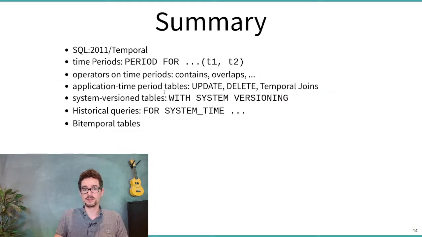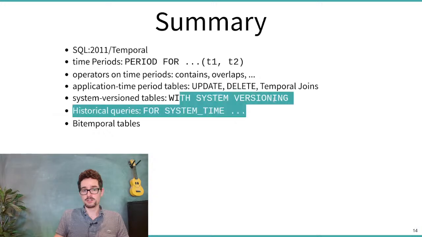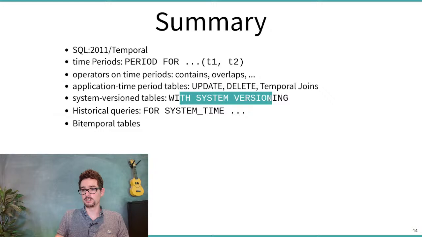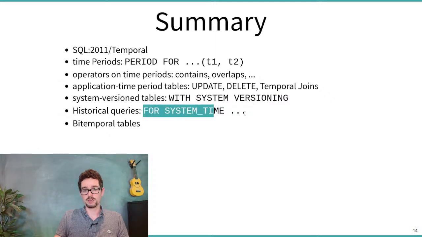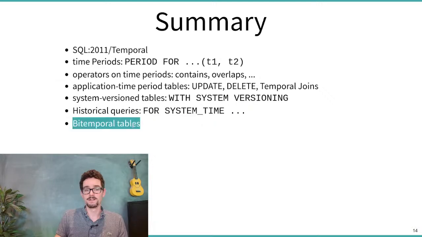And now on the system version tables, we took a look at this with system versioning clause that you can use in the create table command to activate system versioning. And when you want to query such a table, by default it shows the current state, but you can access an historical state by using for system time in the from clause. And combining everything is called temporal tables.